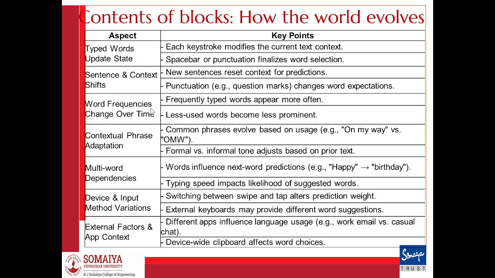It might contain the word frequencies changing over time, the contextual phrases, the dependencies of multiple words, the device and input method variations, and also some external factors such as different apps influencing language usage, and so on. These are some of the parameters which can elaborate how the suggestions of the word change with or without the agent.